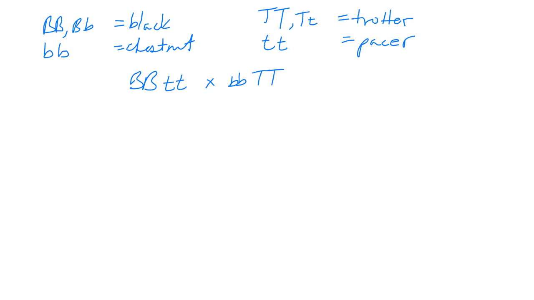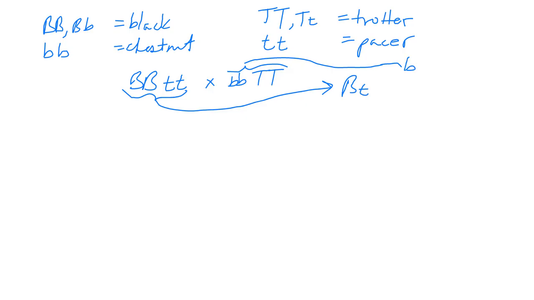Now I am going to simplify here because we got a lot of stuff to do, but this individual, all of its gametes are big B and little t. This individual, all the gametes are little b, big T. So we don't have to write it out 4 times.